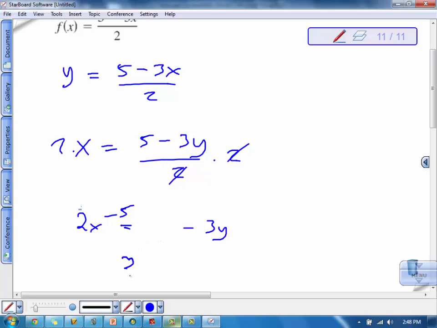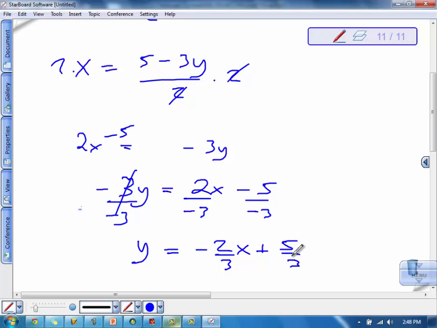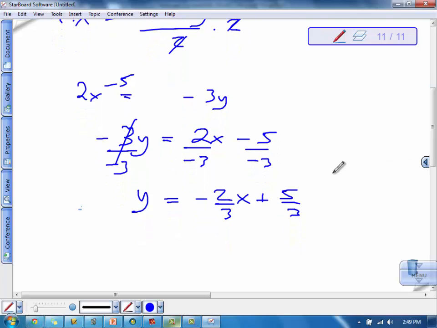I get negative 3y equals 2x minus 5. Divide everything through by negative 3. You get y equals negative 2/3 x plus 5/3. So this is our line, and this is the inverse.